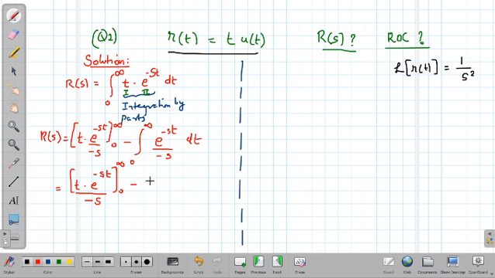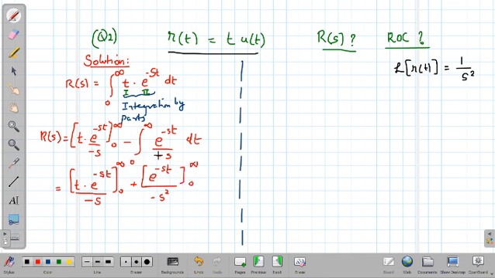If you take this minus outside, that's also fine. So plus the integral of e^(-st), which is e^(-st) divided by one more minus s, giving minus s squared, from 0 to infinity.